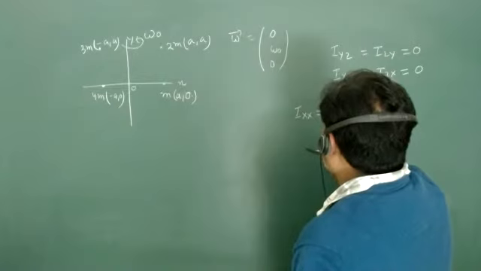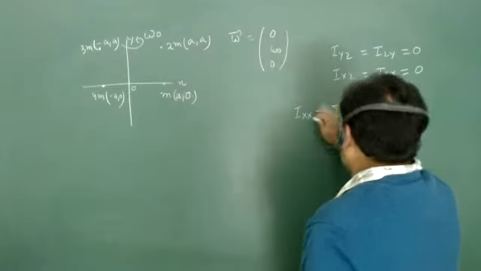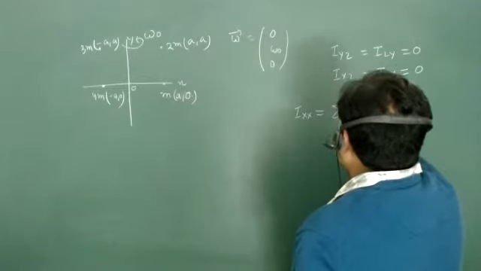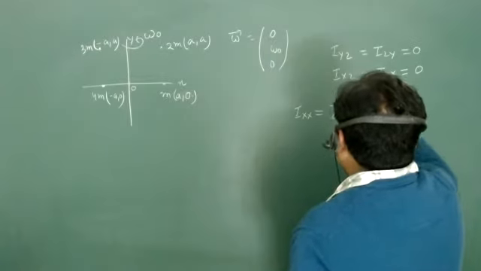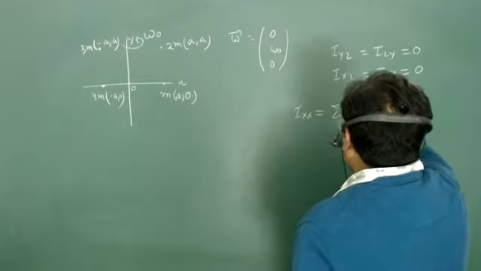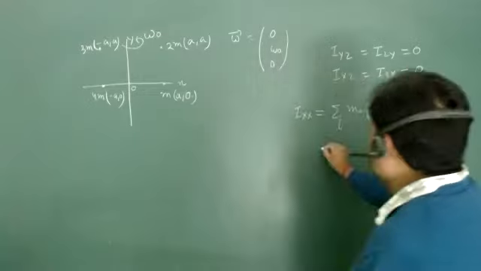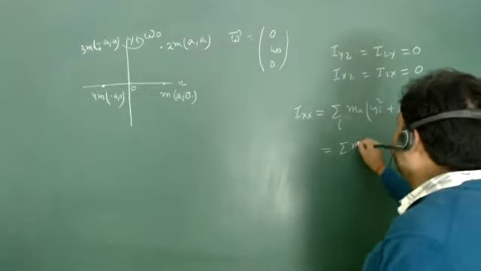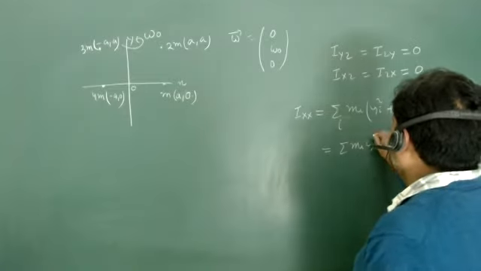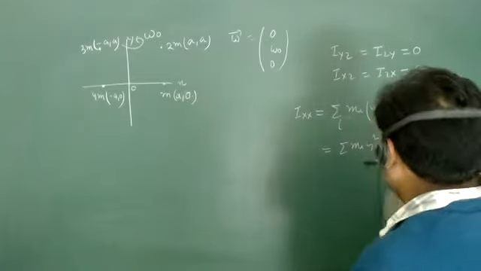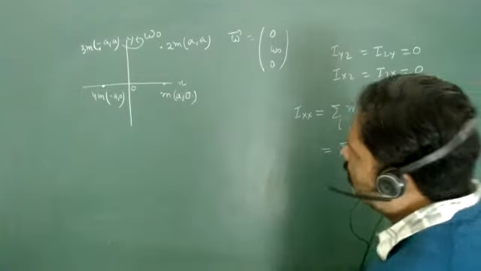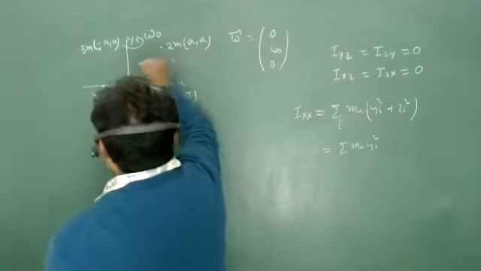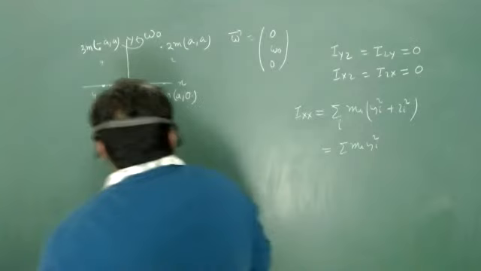So you have summation over mi into yi square plus zi square. What will happen? You can have summation over mi yi square, because zi is equal to 0. So let us go for first, second, third and fourth.